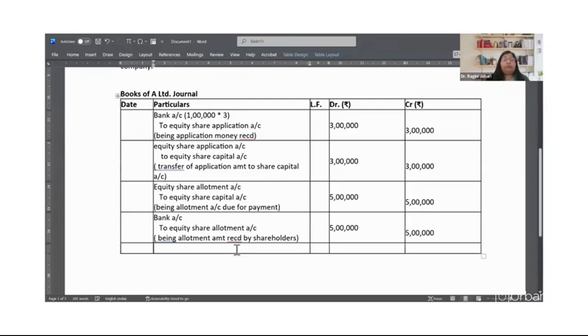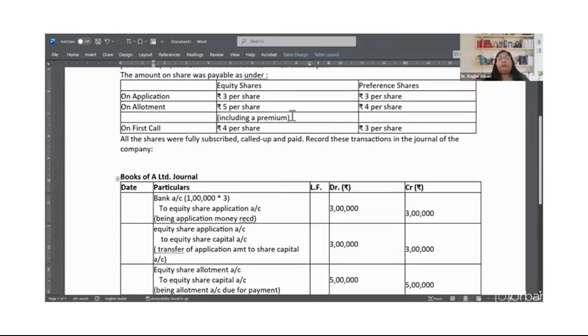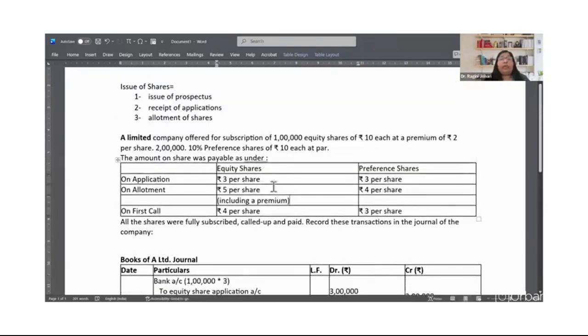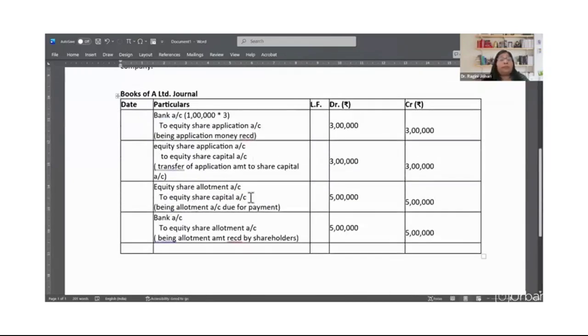Now comes the post call. So there we have first. Acha. There is one more thing to be taken care of here. It says allotment money includes premium. Premium is of 2 rupees. Now that means what is to be done here? This premium allotment has to be done here.